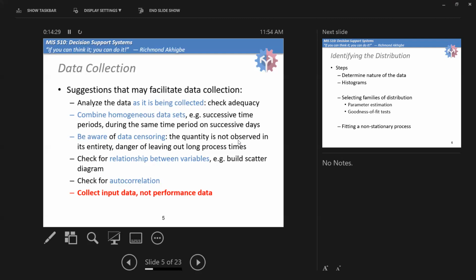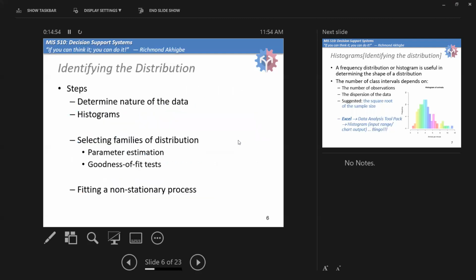Positive relation means if something goes up, the other goes up; if something goes down, the other goes down. That's called a positive relationship. Negative correlation means if one goes up, the other goes down; if one goes down, the other goes up. And there are measures like the correlation coefficient, etc., which are used to capture that. So we need to be aware of that.